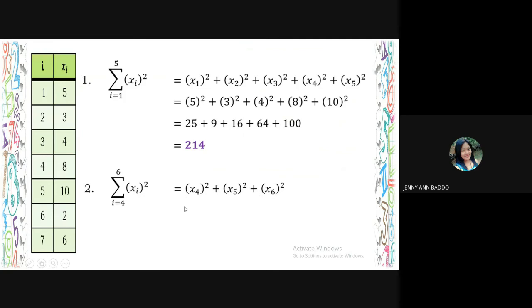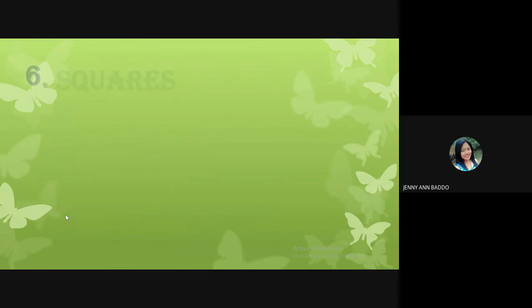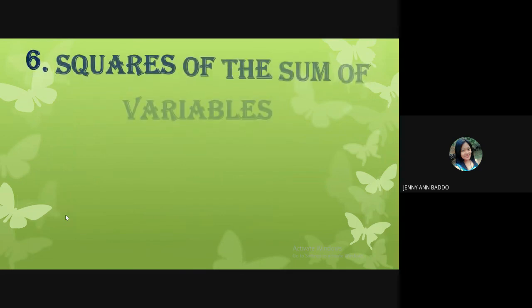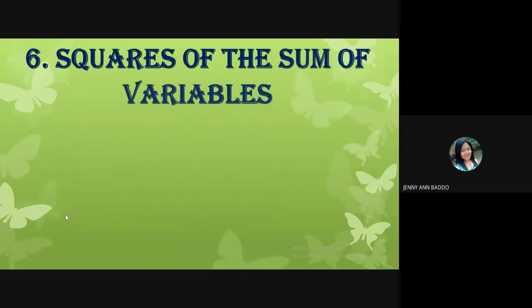By substitution, x sub 4 is 8, x sub 5 is 10, x sub 6 is 2. Squaring those numbers, we have 64 plus 100 plus 4, and that is equal to 168.